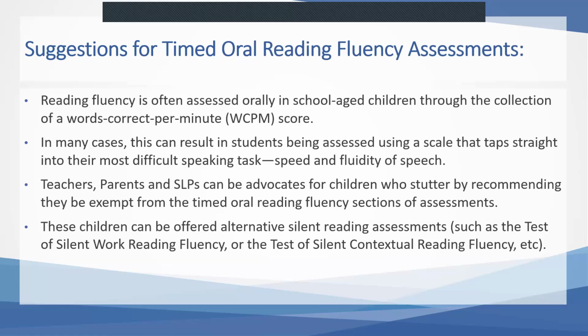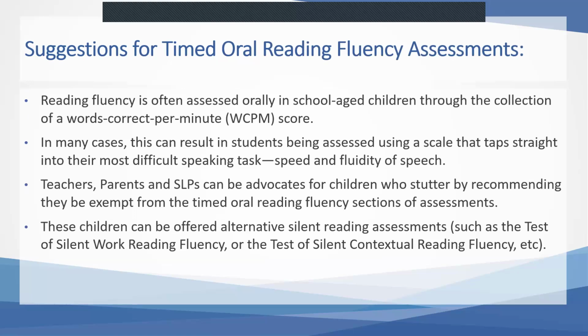So here we've got some suggestions for timed oral reading fluency assessments. Now, reading fluency is often assessed orally in school-age children through the collection of a words correct per minute, WCPM, score.